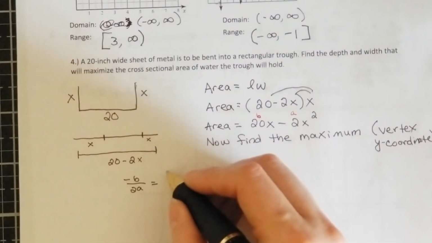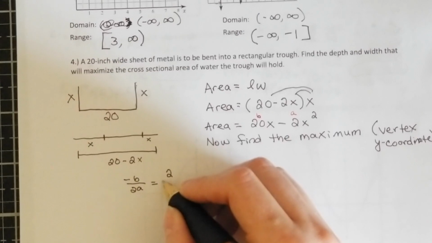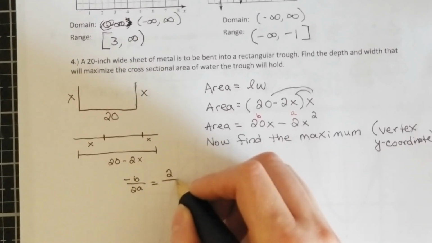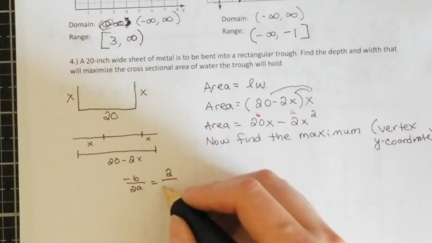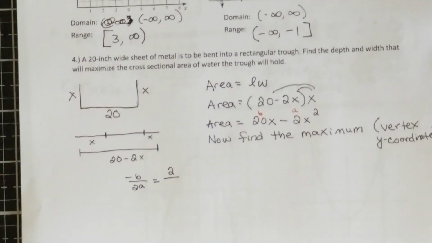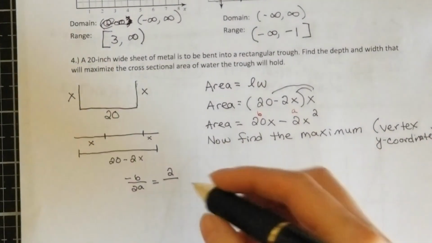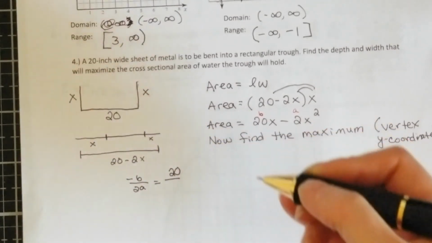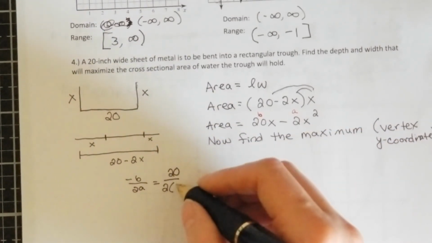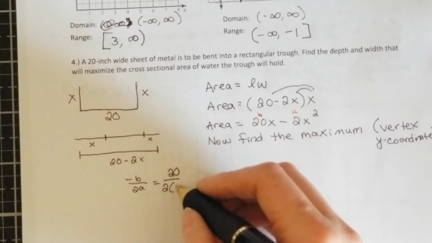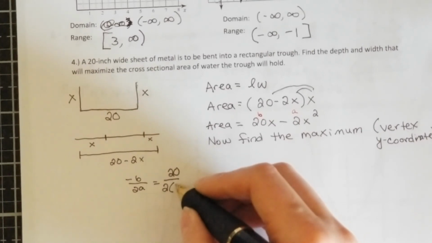So your b would be 20 over 2 times 2 on here.